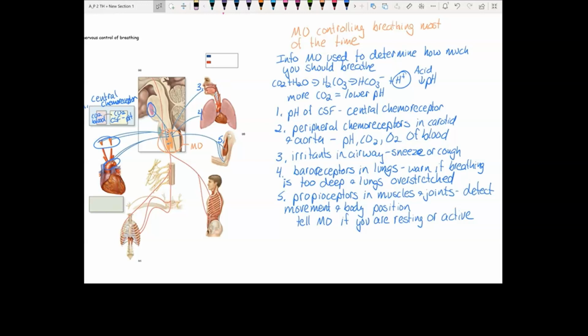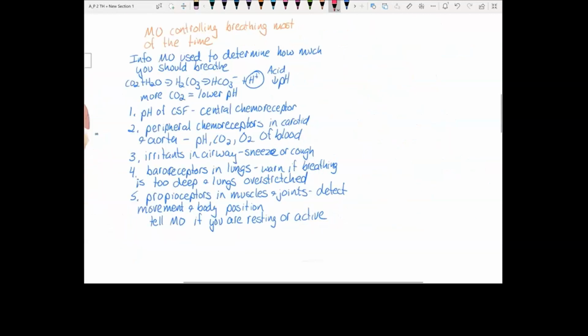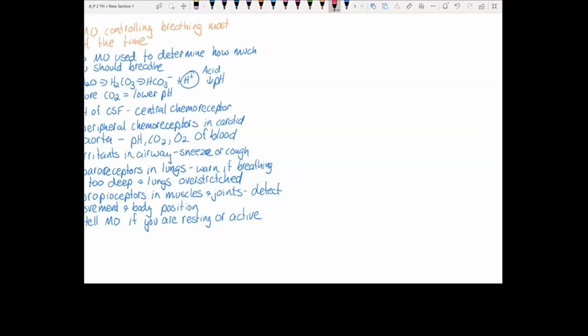Now notice we have a couple of red lines. So let's look at those red lines and see what they're doing. So the red lines are these signals to your skeletal muscle, telling them to make you inhale and exhale.